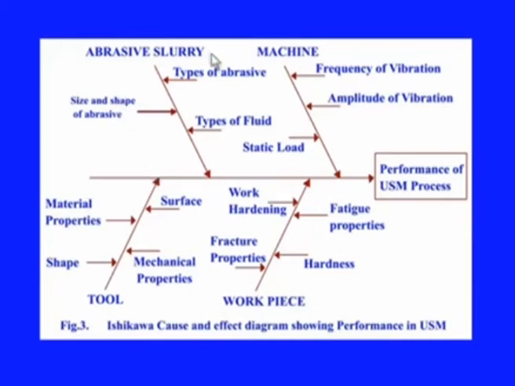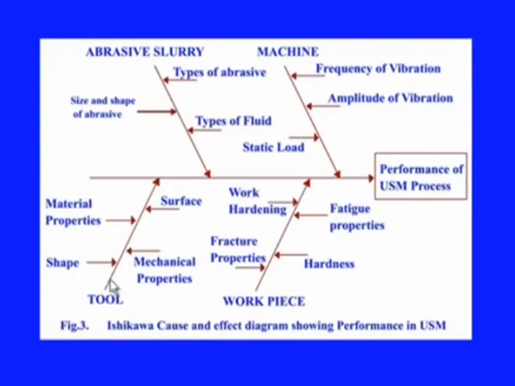In abrasive slurry based parameters, types of fluid, size and shape of the abrasives are important. In machine based parameters, frequency of vibration, amplitude of vibration, and the static load are important parameters that affect the quality or the performance.